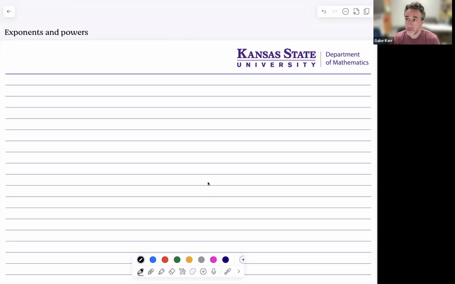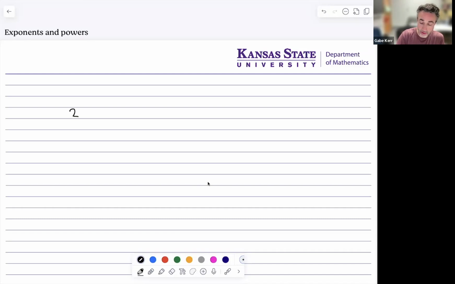Hi everyone. In this video I just want to remind everybody about how exponents work, how powers work when we make some computations. So let's kick it off with, say, the number 2 and let's write down some of the powers of 2.